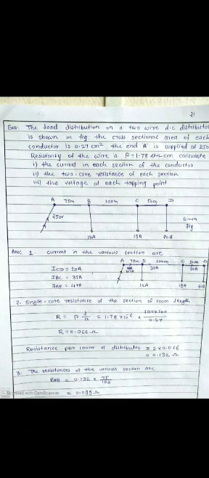The cross sectional area of each conductor is 0.27 centimeter square, and the end point A is supplied at 250 volt.